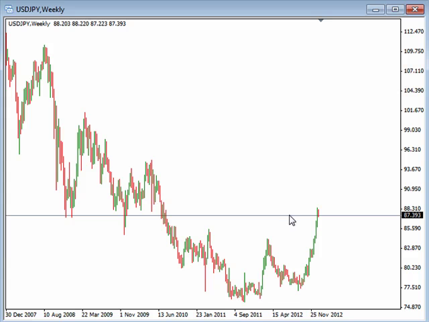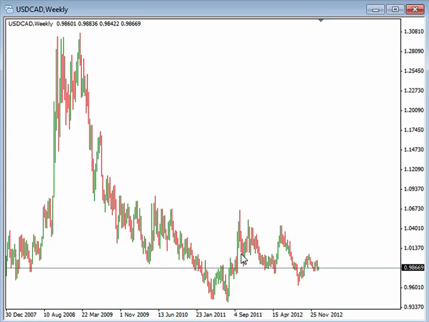Back in here, right where we're at right now, would be an area where we'd consider some areas of old resistance, new support. And last but not least, the US CAD. You can see our constriction here, contraction into that.